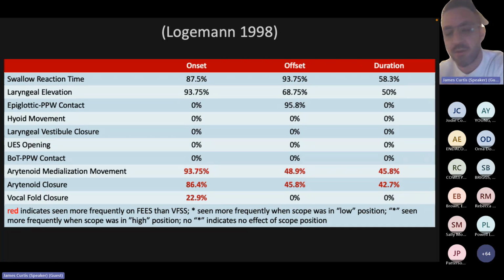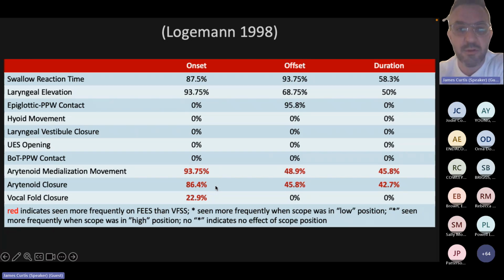If a number is 0%, that event was never seen on FEES. It might have been seen on fluoro, but not on FEES. If the number is, let's say, 95, it means that for 95% of the video clips, they were able to see it on FEES. Furthermore, numbers that are black in this table were seen more frequently on fluoro than on FEES, and numbers that are red were seen more frequently on FEES than fluoro.